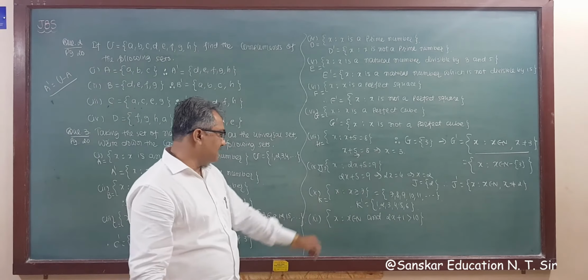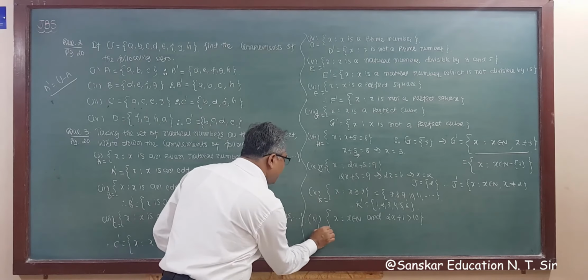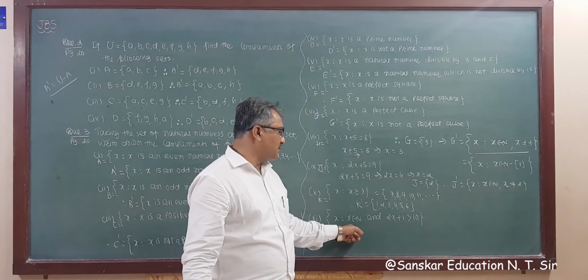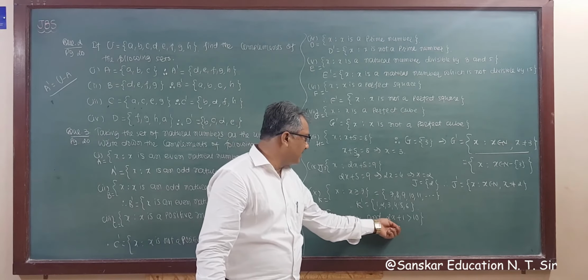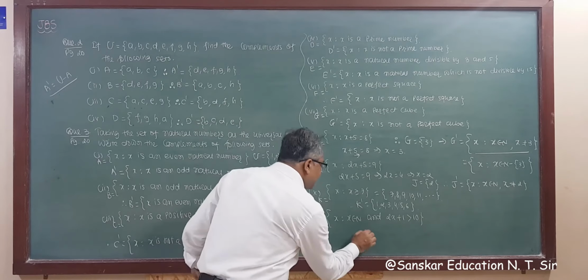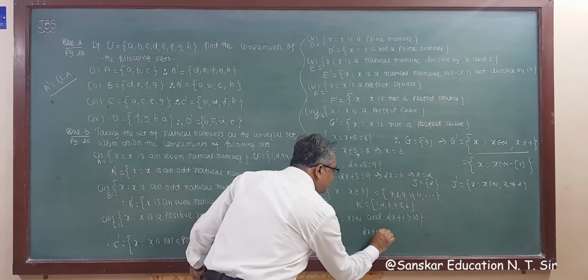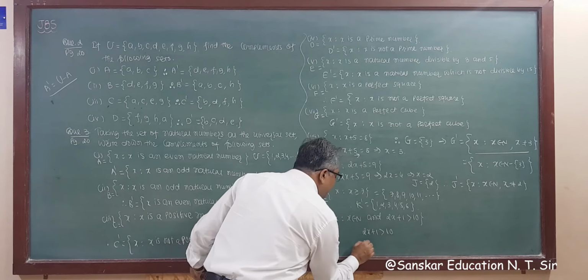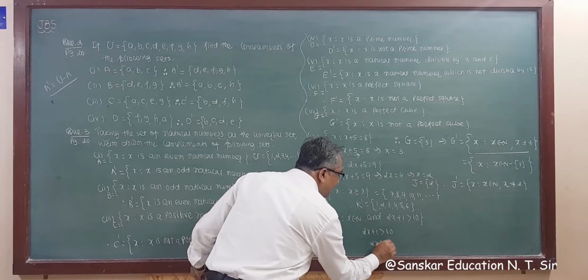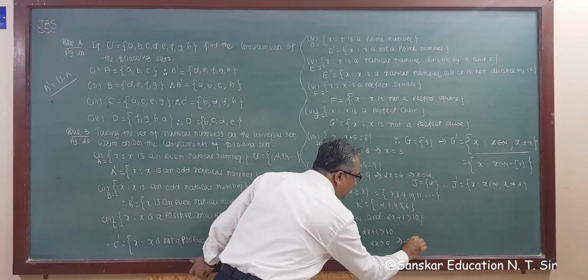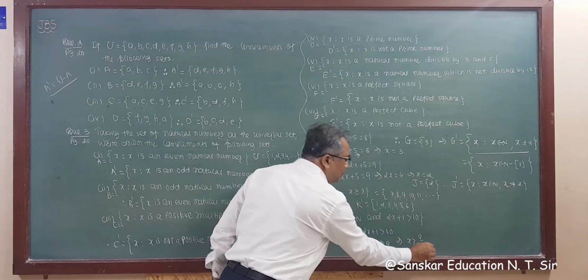Right? And the last one, suppose this set is L, then x belongs to N, and 2x plus 1 is greater than 10. So it is given twice x plus 1 is greater than 10. So this implies twice x is greater than 9. So this implies x is greater than 9 by 2.